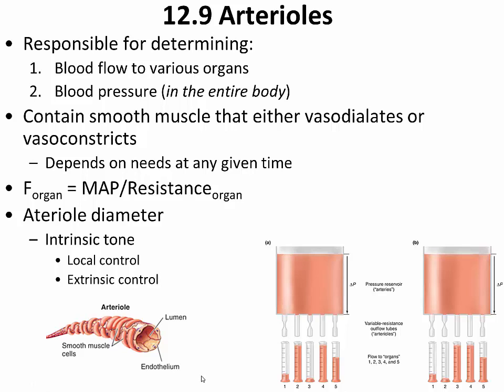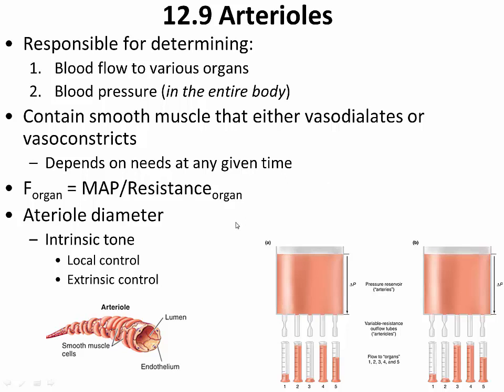So the overall blood pressure that's created by the contraction of the ventricles, the mean arterial pressure, represents this pressure reservoir that we have up here at the top. And then the little tubes, of course, are analogous to our various arterioles, and those arterioles can dilate or constrict at any given time, allowing more or less blood to flow to a particular organ.